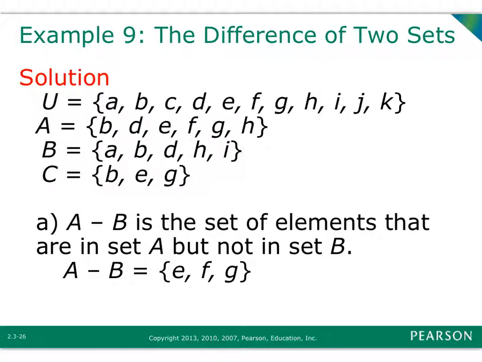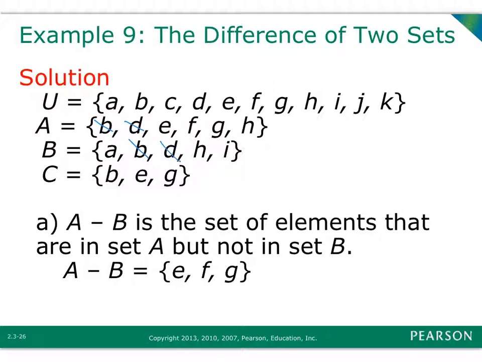So A minus B is the set of elements that are in set A but not in set B. So we look and we see, certainly B is in both A and B. D is in both B and D. So those cancel out when we subtract.